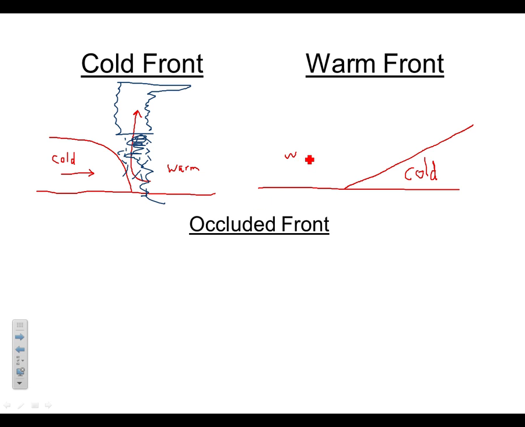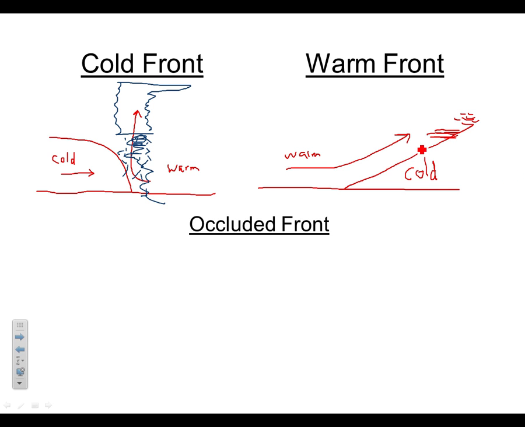So this warm air here is going to advance, but it's going to be hard to do it. So it's going to kind of push up as it shoves the cold air out of the way. It's going to move much more slowly because it can't push the cold air out of the way. The cold air is so dense. So what we get are a series of clouds. First, we're going to get some little wispy, high up ice crystal clouds. What are those called? Cirrus. Then we're going to get some high layered clouds made of ice crystals: cirrostratus.